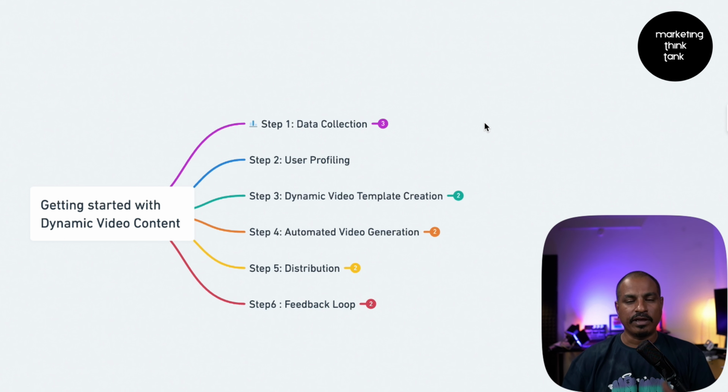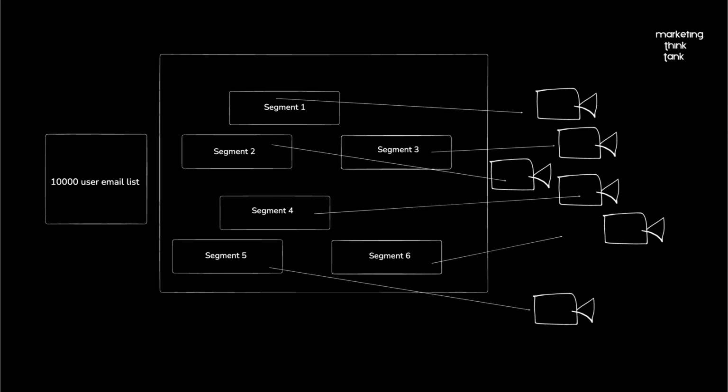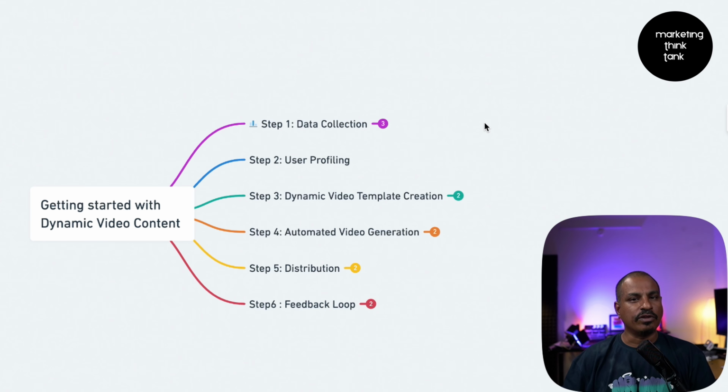So user profiling becomes very important, because the whole concept of DVC is to show dynamically very relevant videos which are very personalized to them. So if you can't group these people into segments, you're effectively sending one piece of video content to everybody, and it ruins the whole purpose.